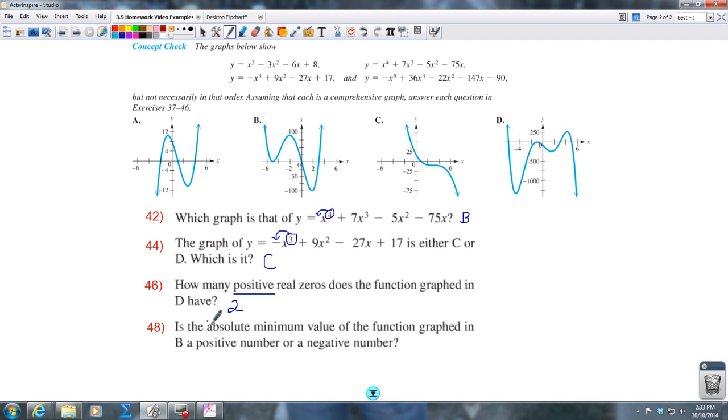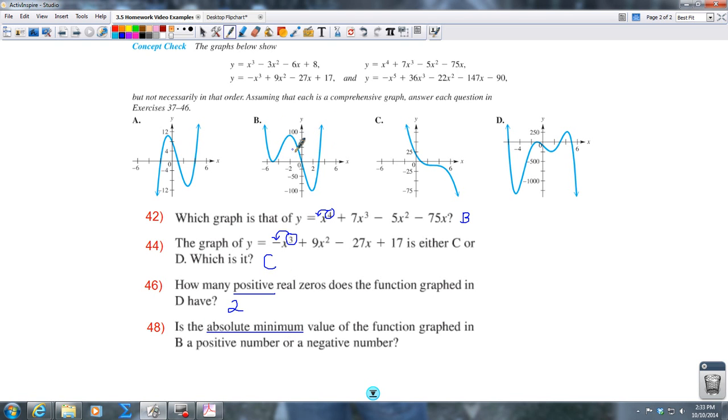And number 48 is the absolute minimum. Is the absolute minimum value of the function graphed in B a positive number or a negative number? Absolute means it's as far down, because it says minimum, as far down as it can possibly go.